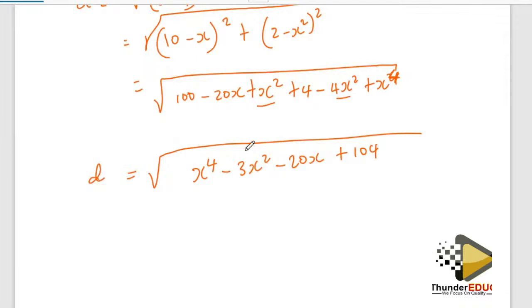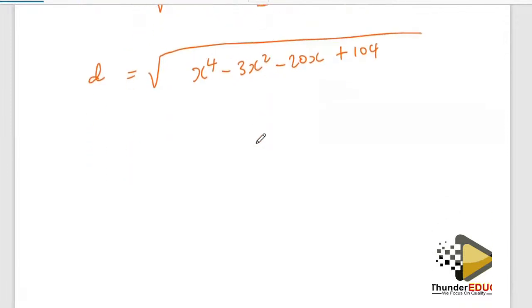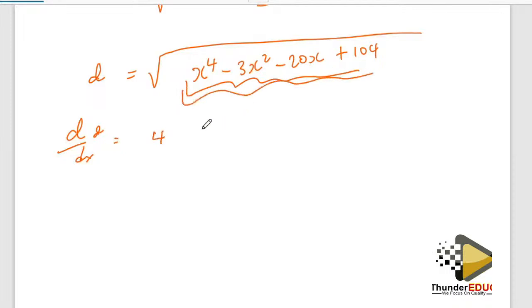Then we know that for minimum distance, we need to find the derivative of what we have inside there. So I'm going to get d/dx, which is going to be 4x cubed minus 6x minus 20. And then I can equate this to 0.